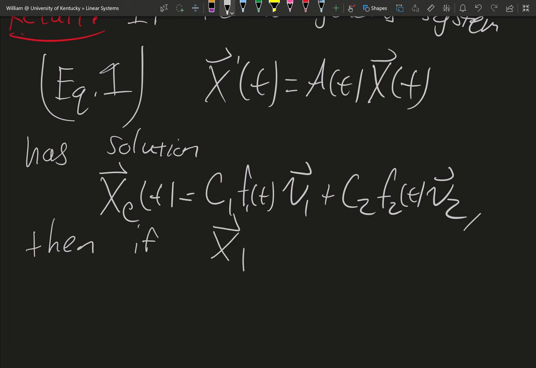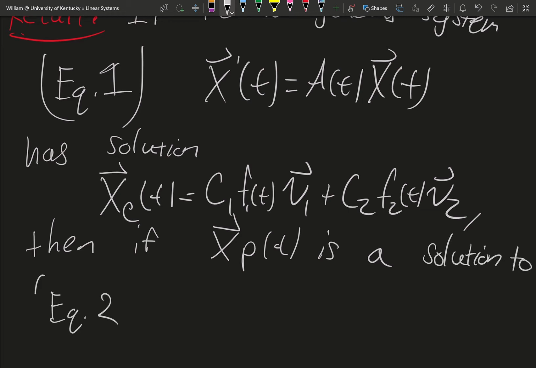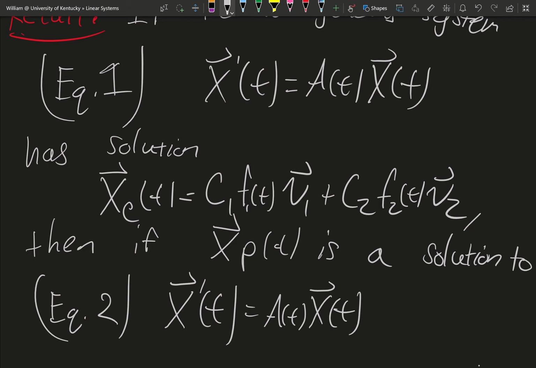And if we have a particular solution to a non-homogeneous equation, call this equation 2, so the same thing, but I just have an extra term here.